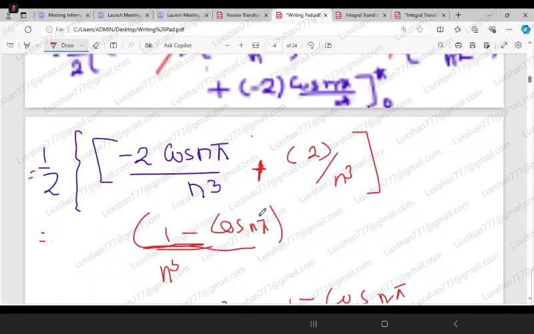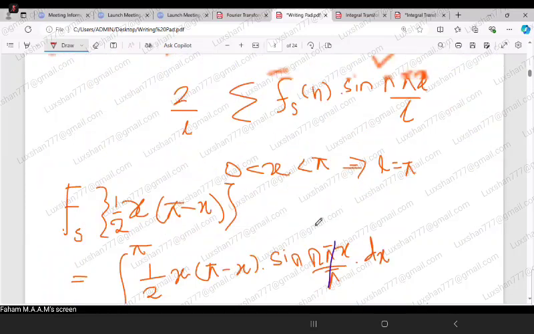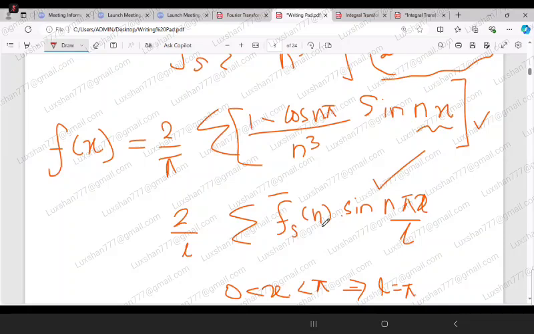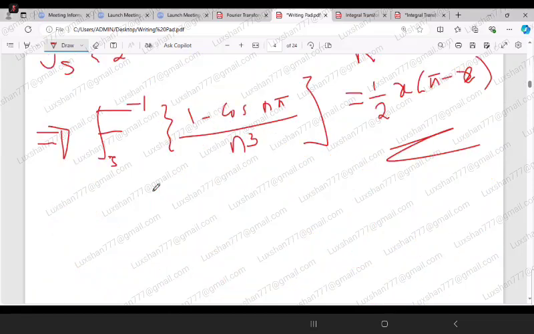Now here actually if you do in this way, actually we are getting a series form. But actually here we want to show, actually this series is equal to this answer. The series is actually equal to that answer.